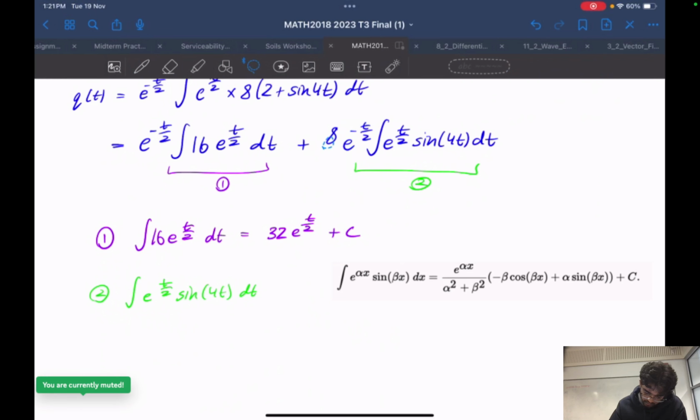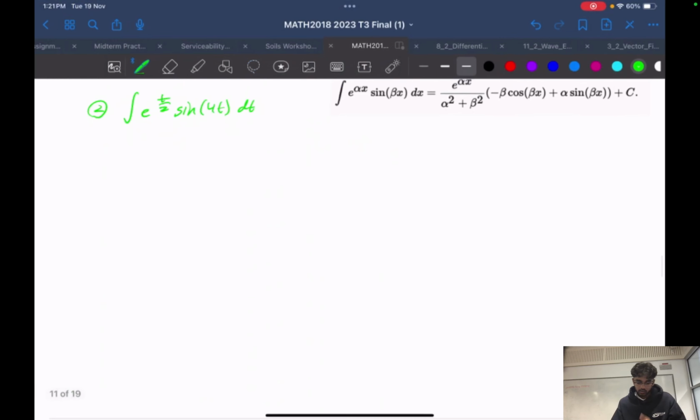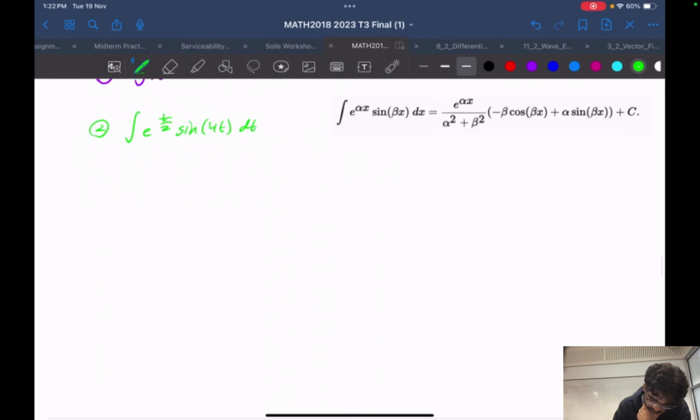In our case, alpha is equal to 1/2, and beta is equal to 4.